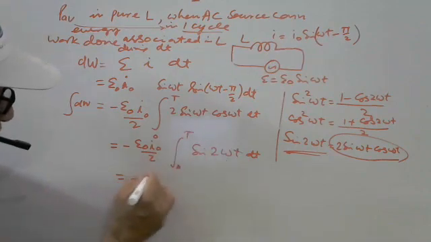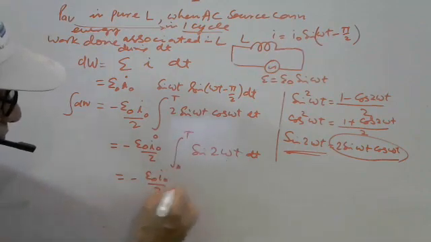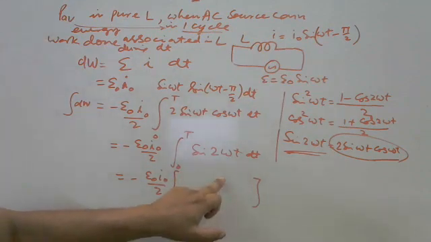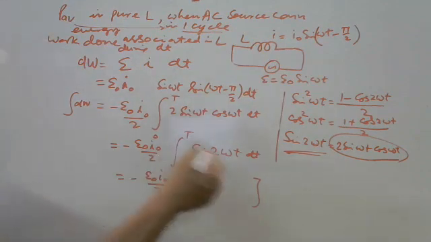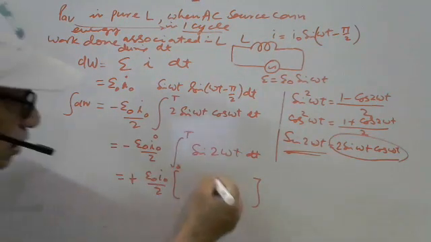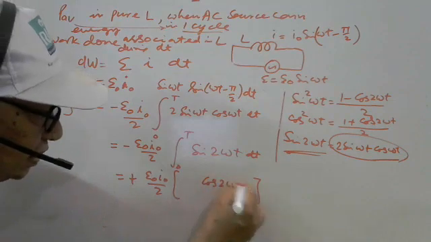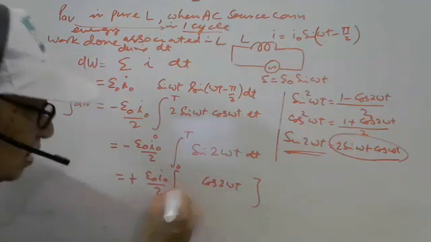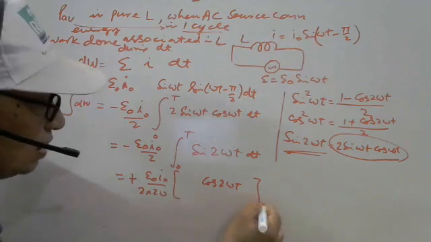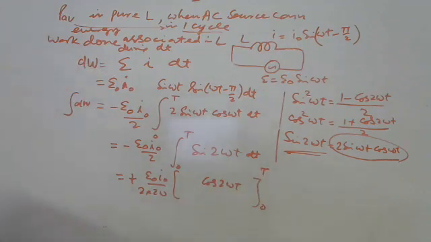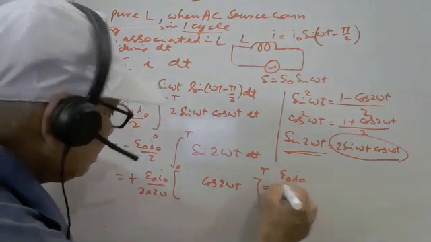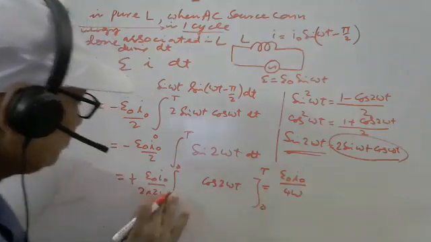Integrating, the integration of sin is minus cos, so minus minus becomes plus, and cos 2 omega t divided by 2 omega comes here. Putting the limit 0 to t, it can be written E naught I naught upon 4 omega.